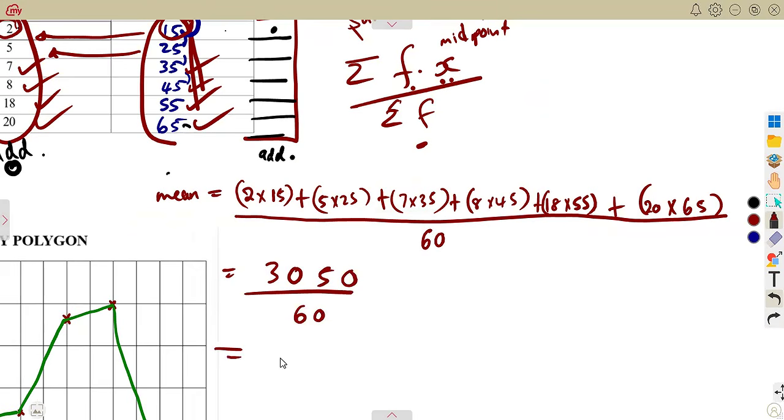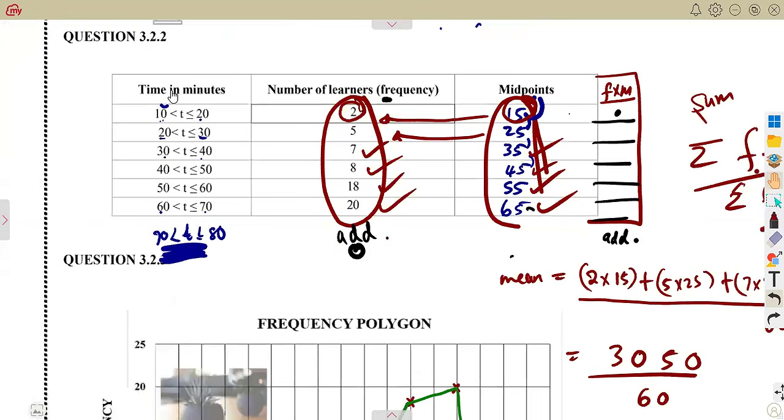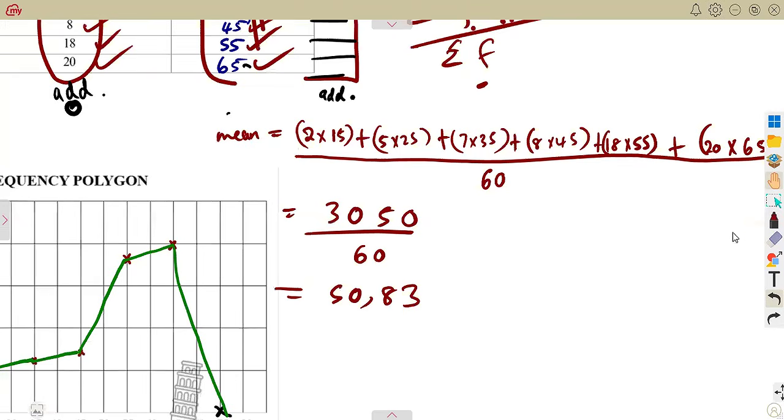And that was going to be 50.83. Remember, this is representing time in minutes. So this is the mean or the average time in minutes.